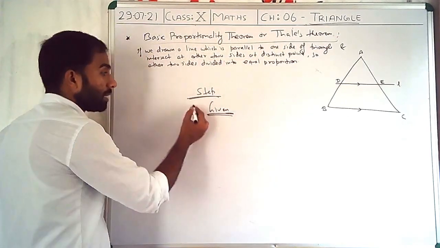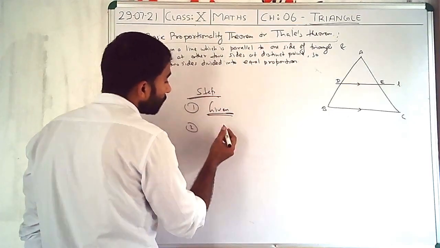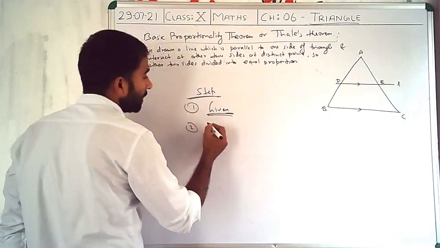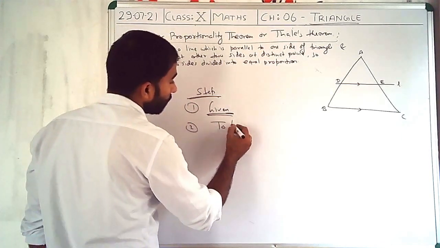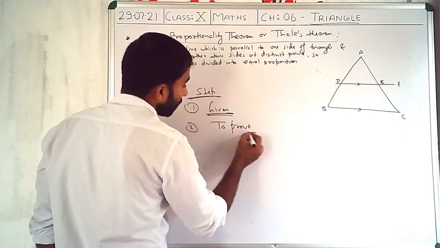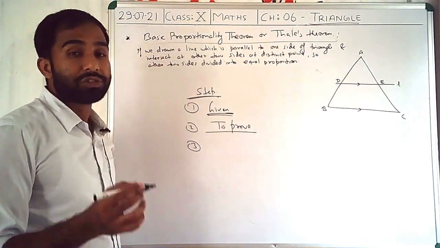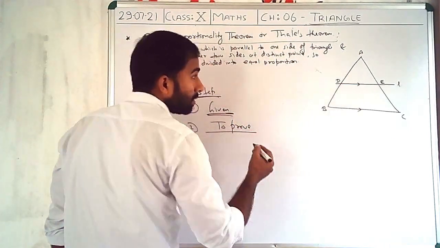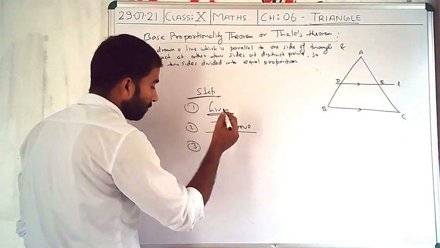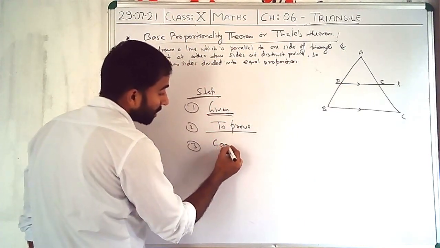Then in the second step, you need to find your objective, it means what you need to prove. Third, if construction is required, then you will construct the figure and the information will be written under the construction heading.